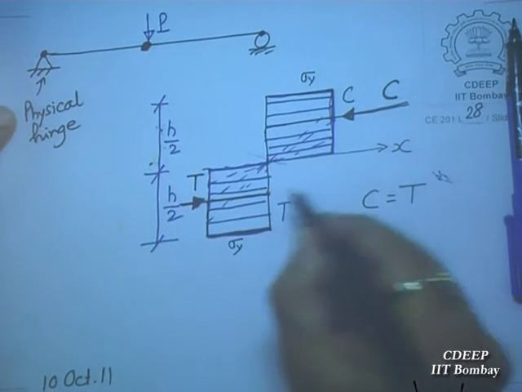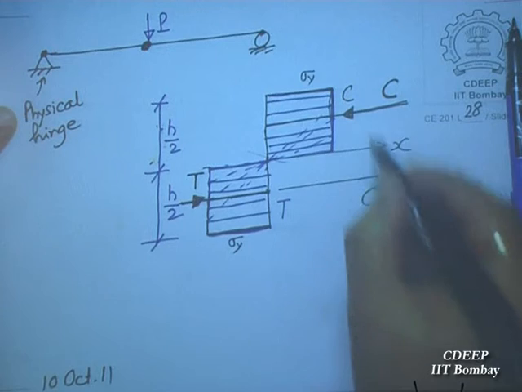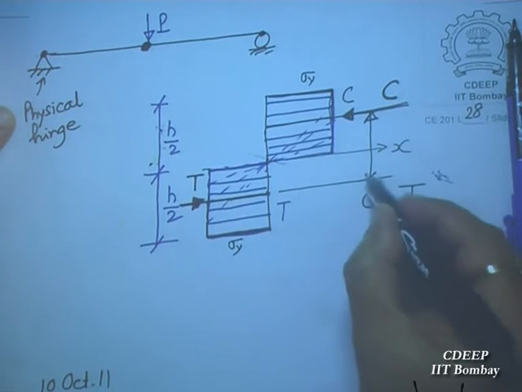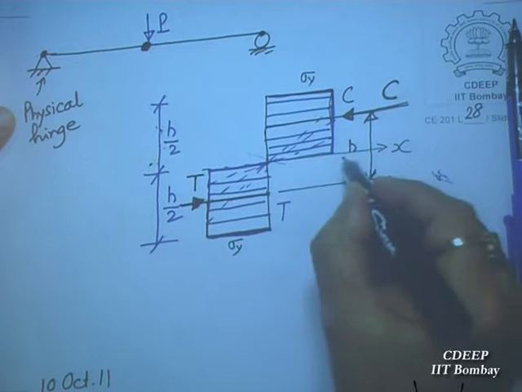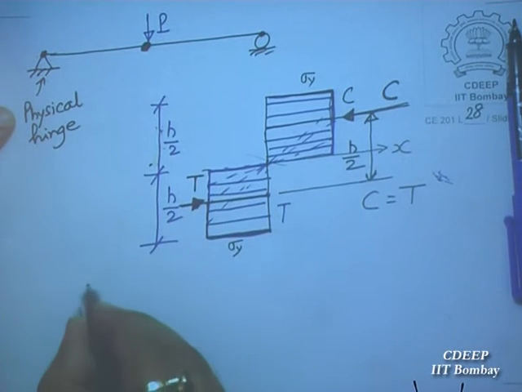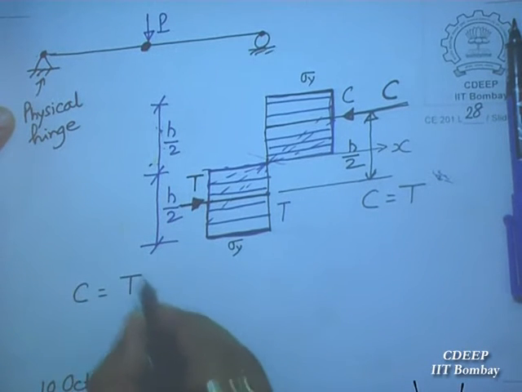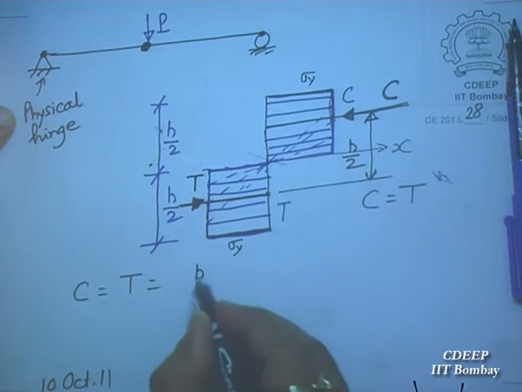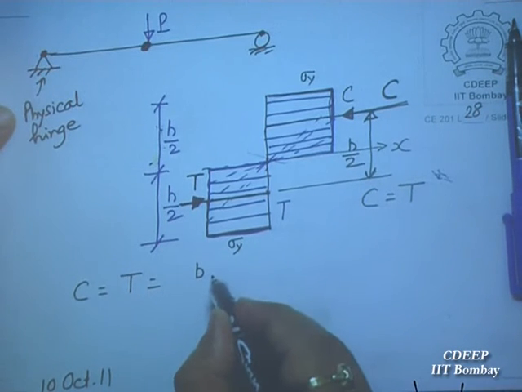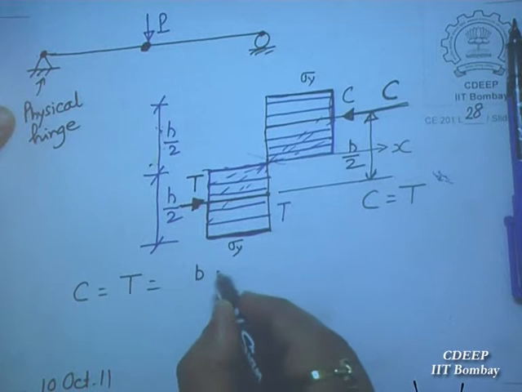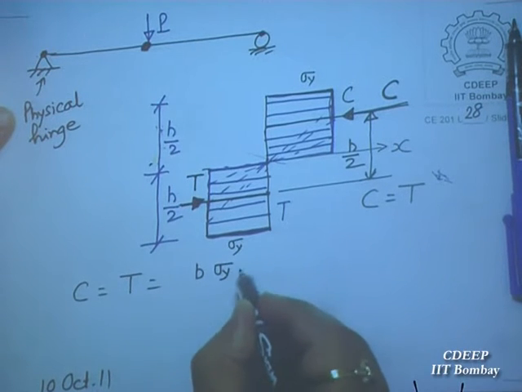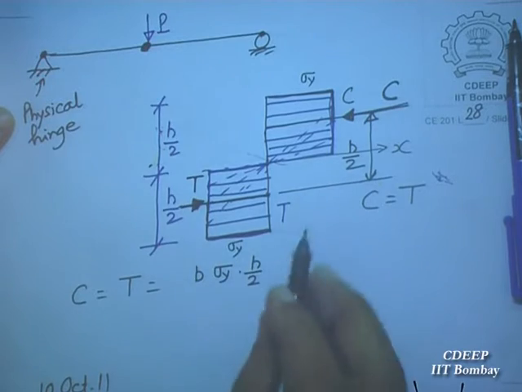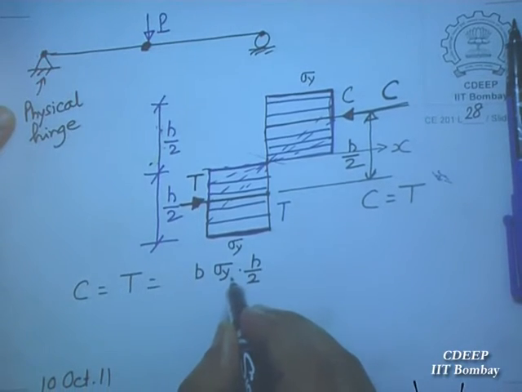Okay, so what is the value of C and T? Can you tell me? What is this distance? H by 2. What is C equal to? C equal to T is equal to how much? Area B into sigma y multiplied by H by 2, by depth.